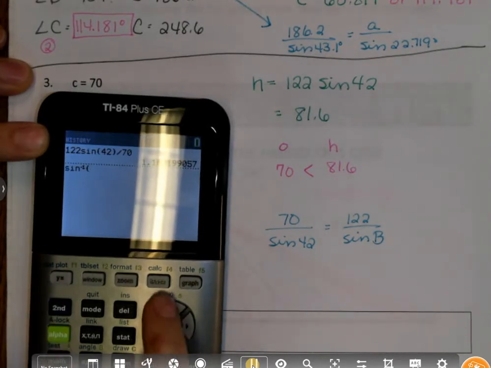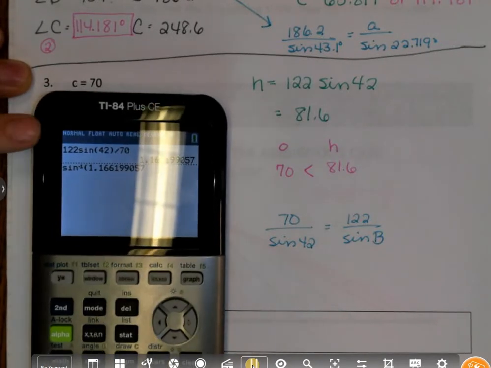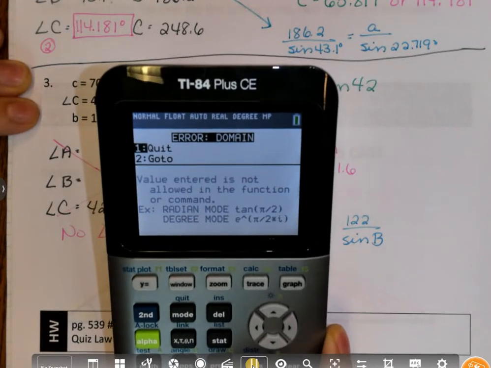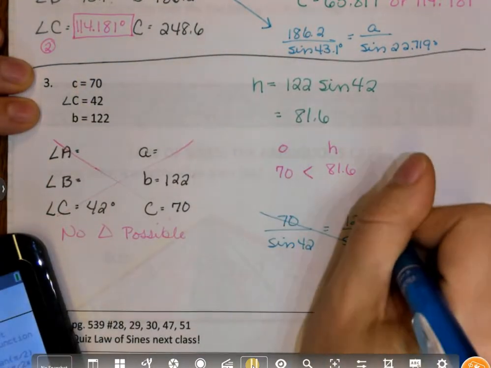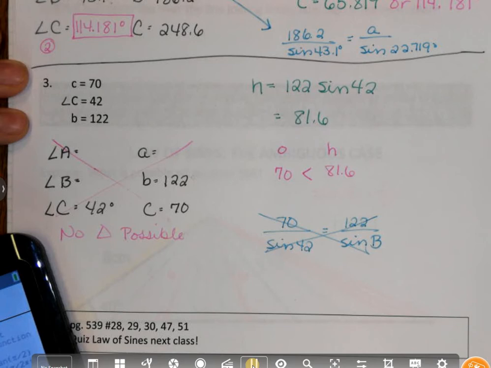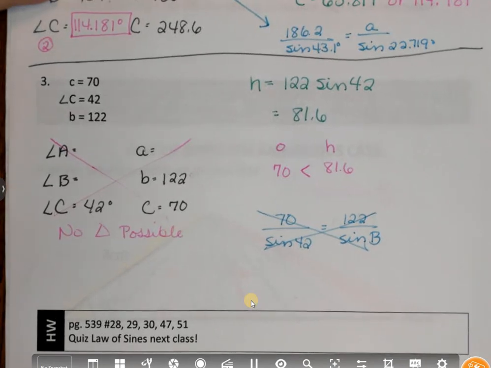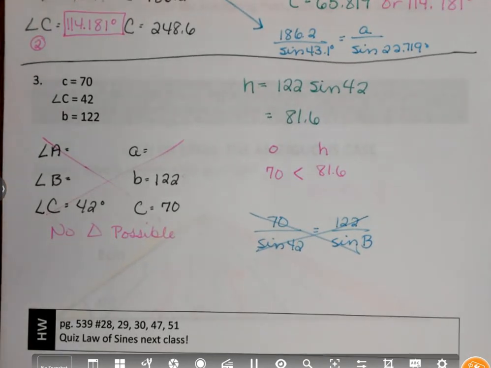And then inverse sine of that, my calculator will start to scream at me. See, my calculator is screaming at me. That also tells me no triangle is possible. Okay? So basically, it's just a little bit added on to what we were talking about with regular law of sines.